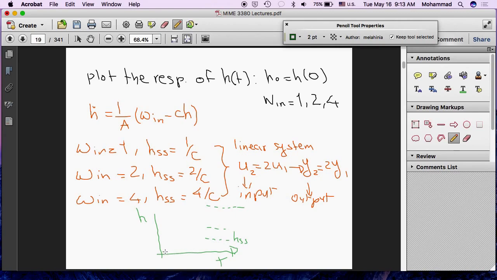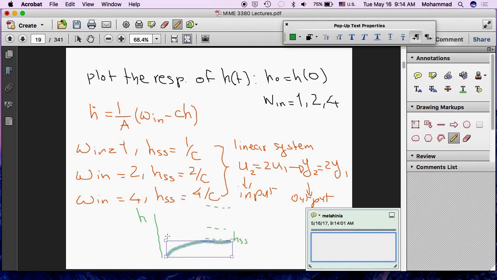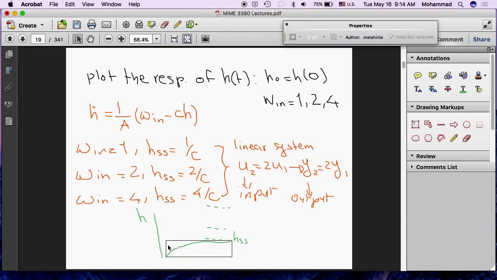However, the speed of response is the same, which means the time that it takes for the first system to settle is the same time that it takes for the second system to settle. It takes the exact same amount of time, and the same case here.